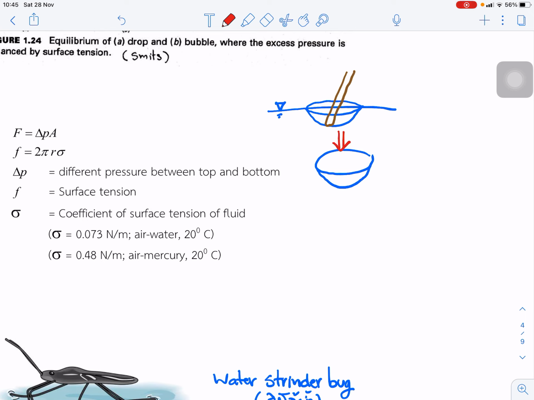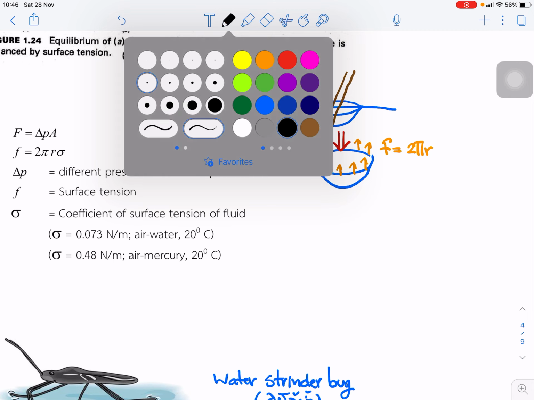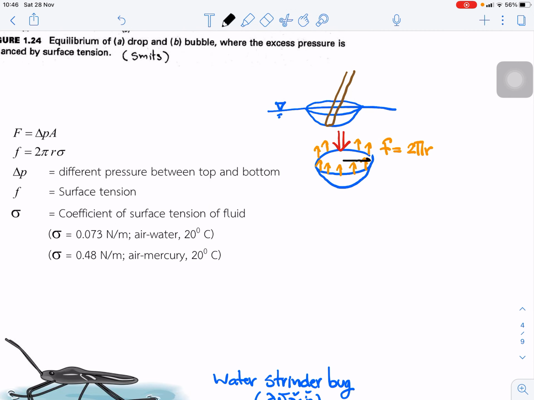This is the force from the weight of the bug, or the force from the leg, and the other force is the surface tension force. Okay, so that is the force. This small f is equal to 2 pi r, if we assume the radius of the shape of the surface water.